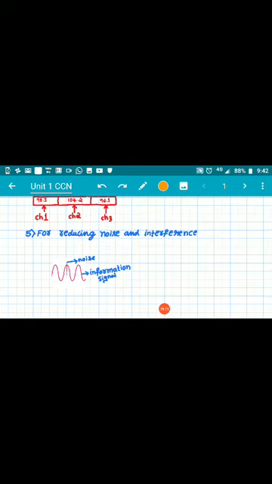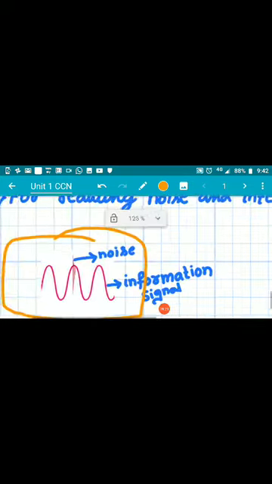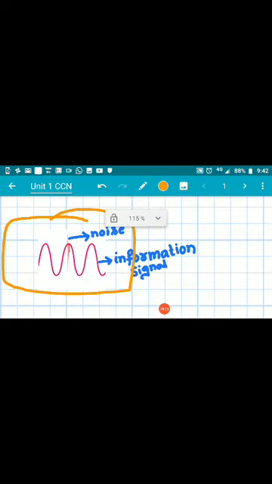If I have a modulated signal, you can see the difference between noise signal and information signal. This red sine wave that you are able to observe is what I call the information signal, and this disturbance that we are able to observe now is what I call the noise signal.